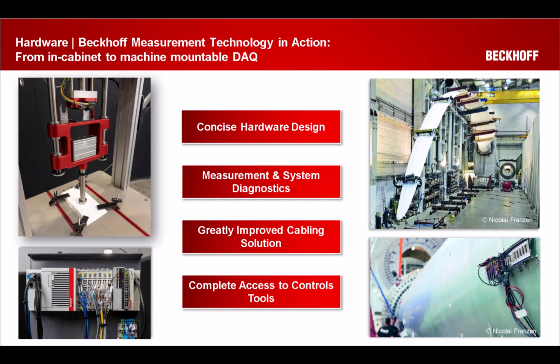Instead of having multiple sensor cables running out in a big old umbilical cord, all we have to do is mount these measurement boxes close to our sensing device and run power and EtherCAT communication, or a combination of both, depending on the product, out to each of the boxes on the test article.